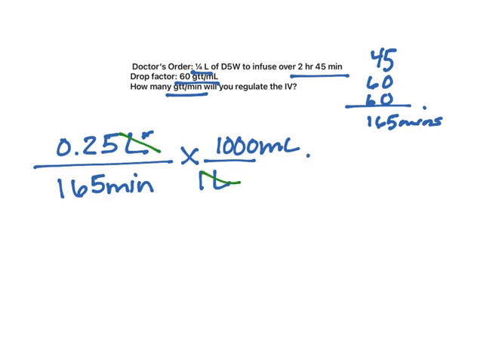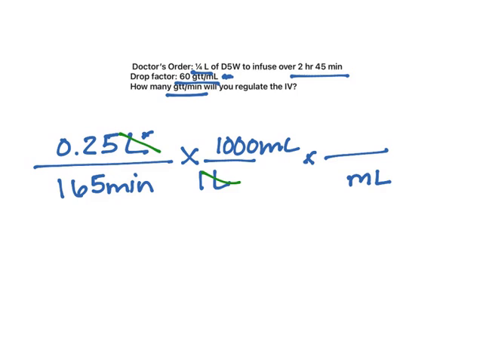Now we're left with our mLs. So now for our mLs, we can go back to our problem up here. So we got 1 mL on the bottom, and then we got 60 GTTs on the top. So our mLs is going to cancel out, and we're left with GTTs per minute.